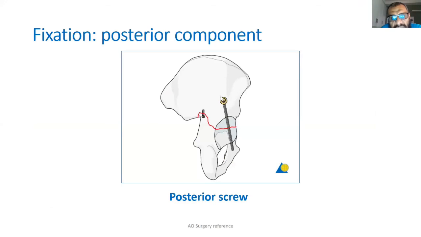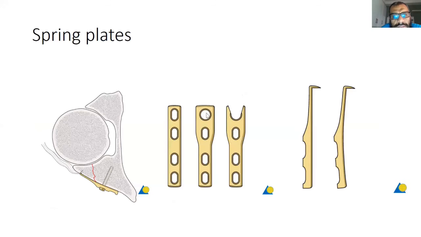Could be very dangerous. Then when you put the anterior screw, you fix the posterior column, and then because the posterior wall here, another example of the fixation of the posterior wall, is not simple. You put what's called a springy plate that we talked about.